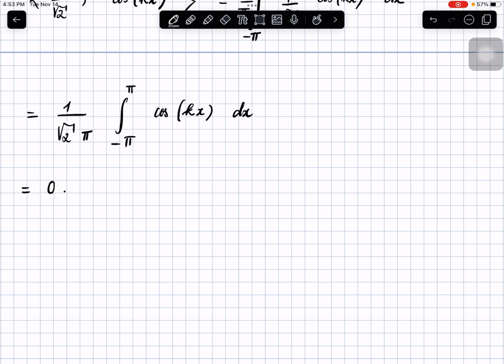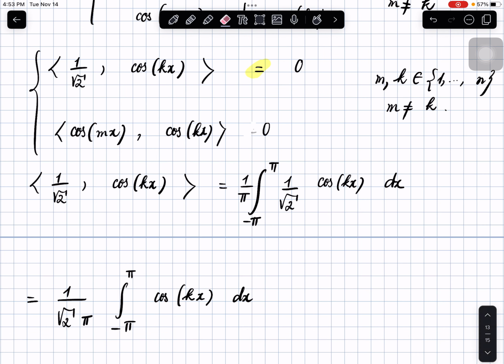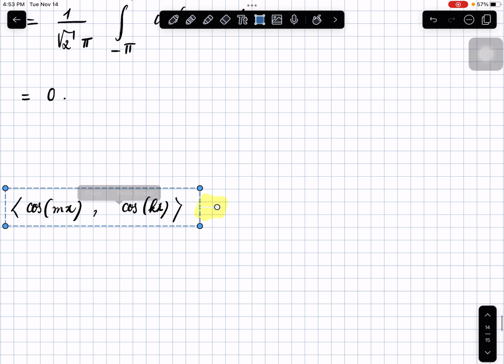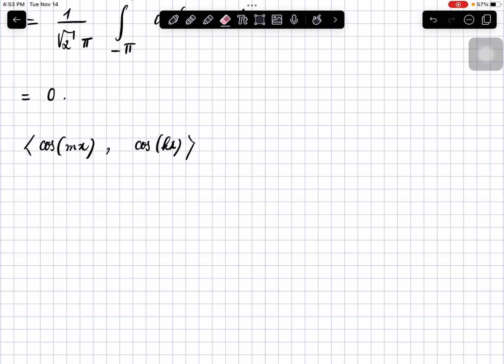Calculus 1. For the second one, we do the same computation. By definition this is 1/π times the integral from -π to π of cos mx cos kx dx.